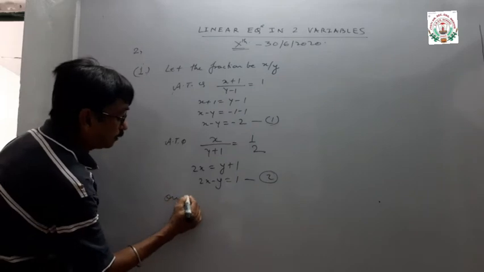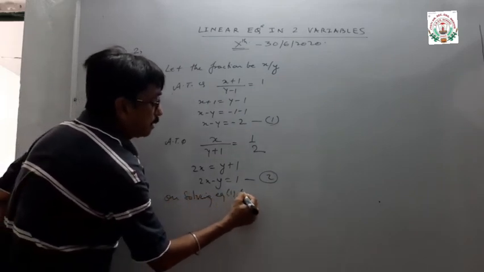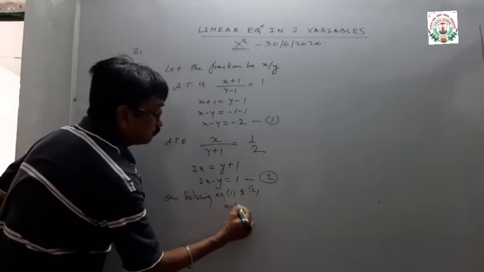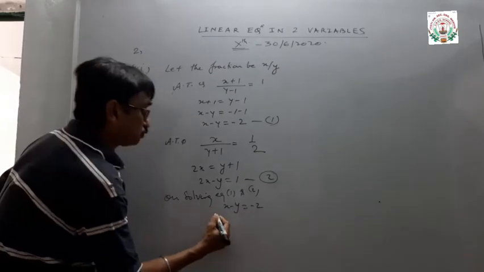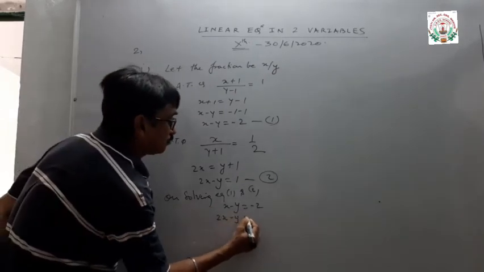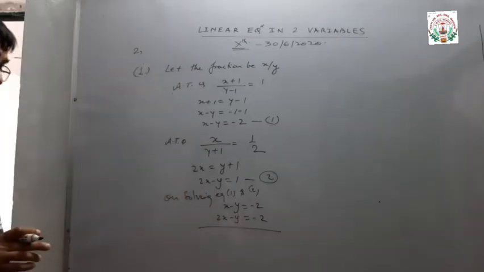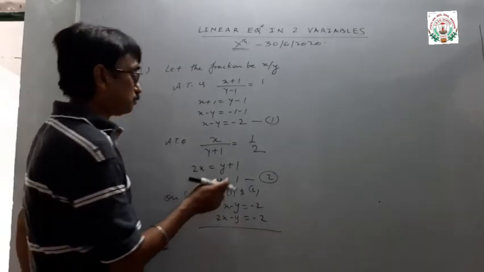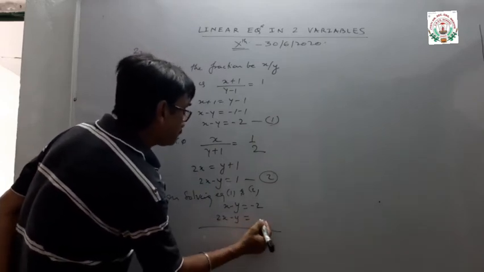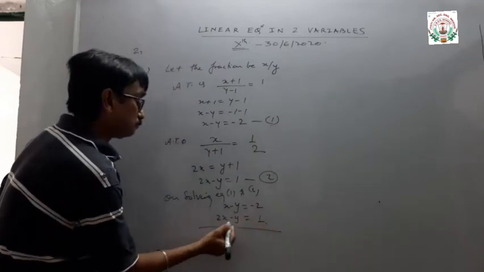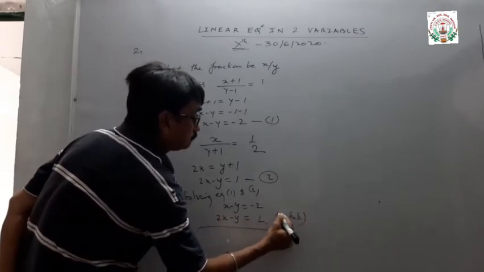So on solving equations 1 and 2, as in the previous class I told you about the elimination method by equating the coefficients. x minus y equals minus 2. Here the y coefficients are equal. So what we do here, 2x minus y equals 1. Same sign, so we have to subtract the equations.